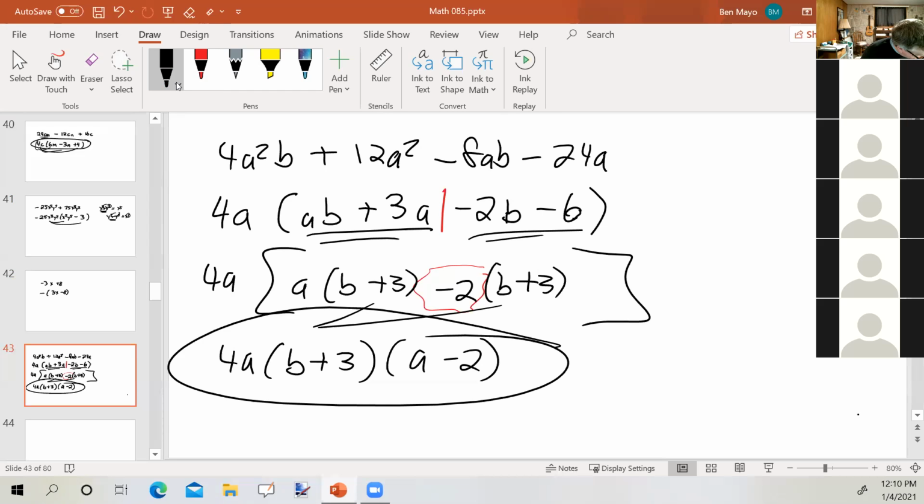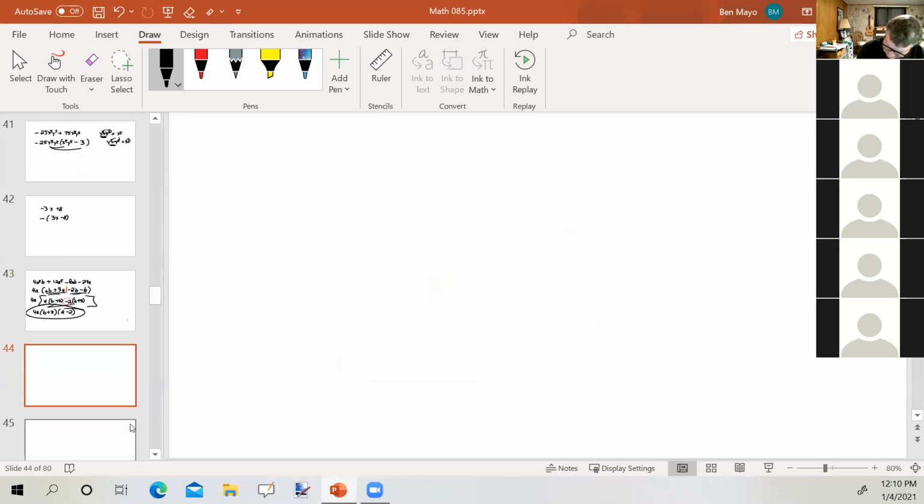Take a look at this one. x cubed plus x squared plus x plus 1. Well, that's got 4 terms in it. So I'm suspicious about grouping, because typically if we have 4 terms, we use grouping.